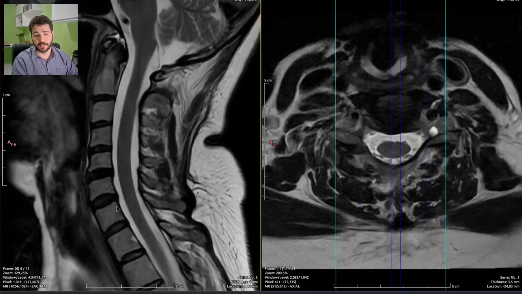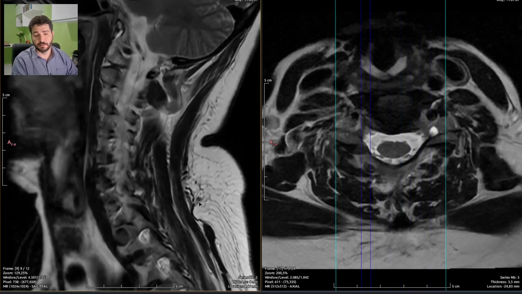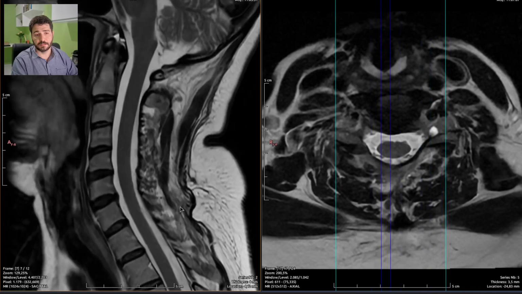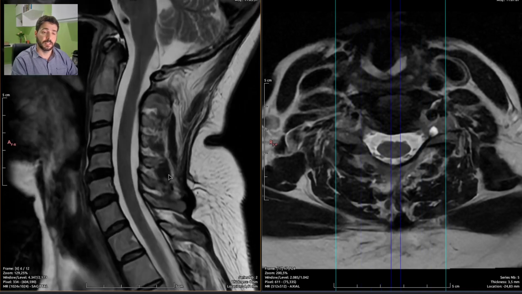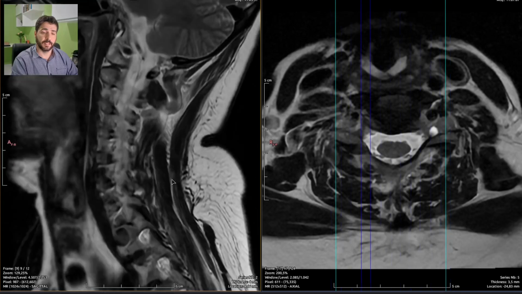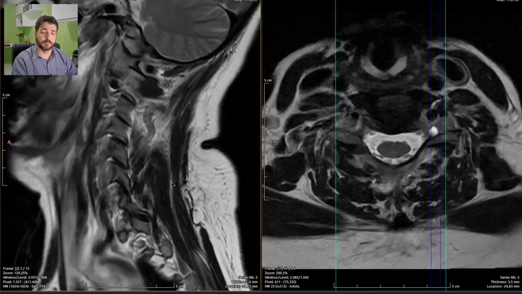This is C7-D1 on both sides right here. So this isn't really disease, this is just a peculiar finding.